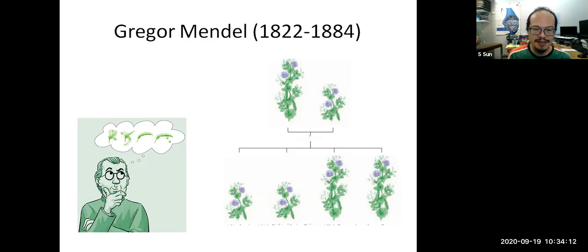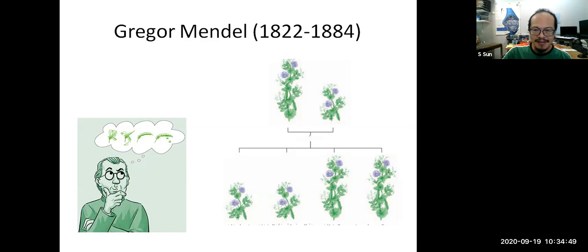So for example, he has a tall plant and a short one. And he found that we got two tall and two short, so the chance is 50-50. That probably makes sense to a lot of us: you get one tall and one short, and the result is 50% tall plants and 50% short plants. So that's the beginning.